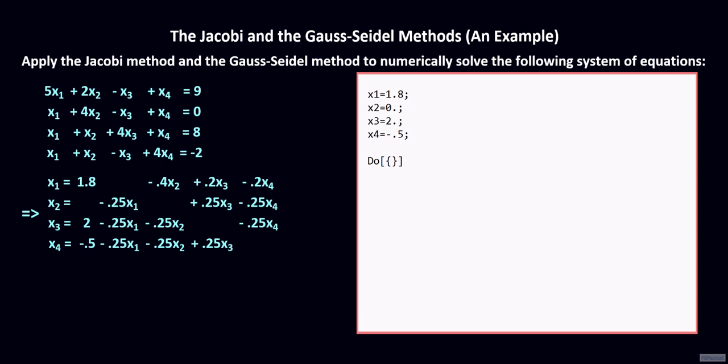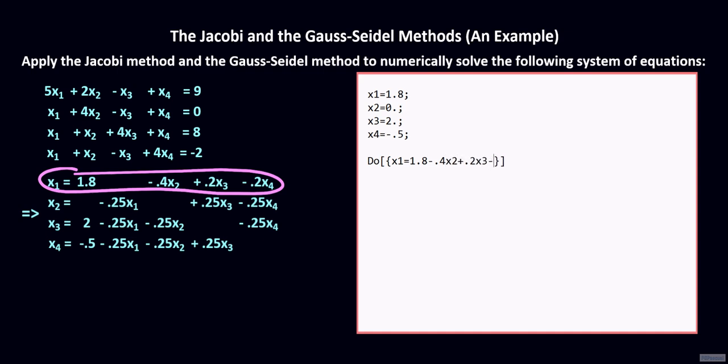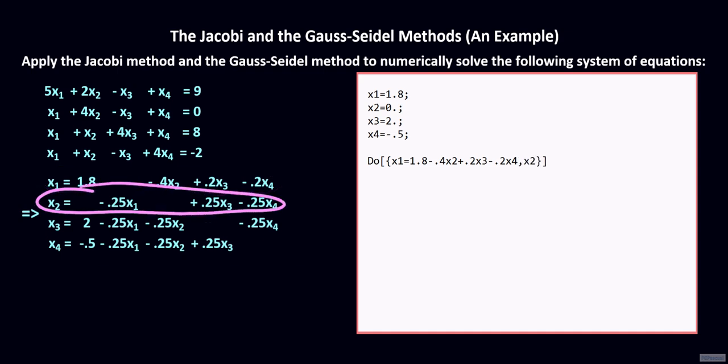The first command is calculating the new x1. x1 equals 1.8 minus 0.4x2 plus 0.2x3 minus 0.2x4. From equation 2, x2 equals minus 0.25x1 plus 0.25x3 minus 0.25x4.